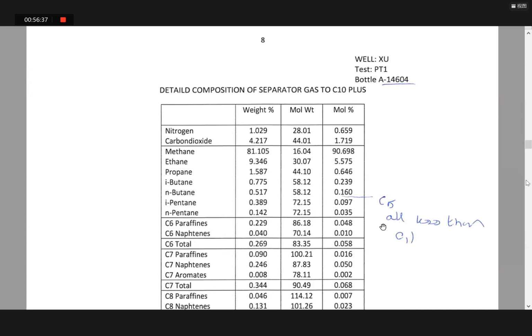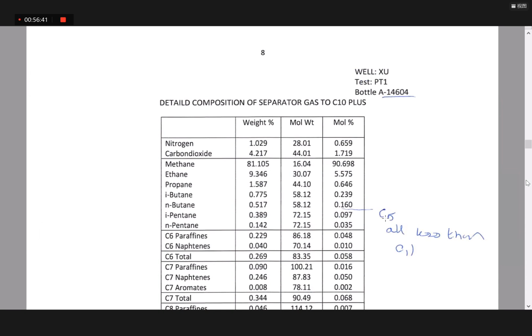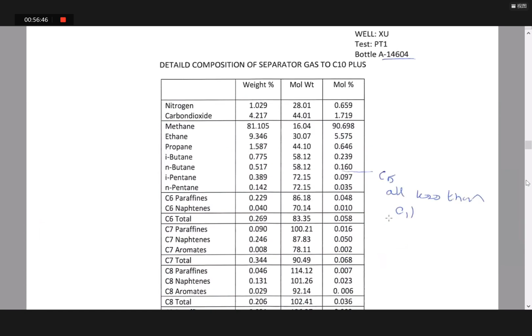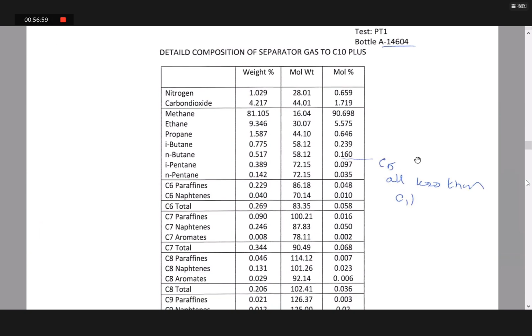Okay, then this was on page 8. We have a detailed composition of separated gas, the gas bottle that was delivered to the laboratory. We have flashed it, gotten the stabilized gas, analyzed it, and we get the composition of that. So we see that up to C5 we have a significant amount of the individual gas components, and hardly anything above C5.